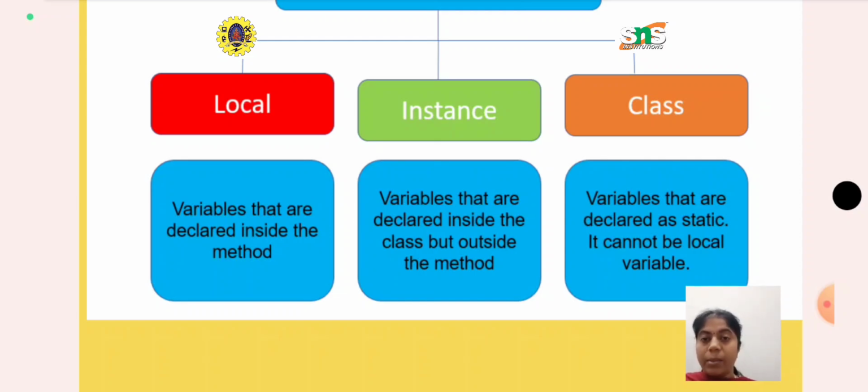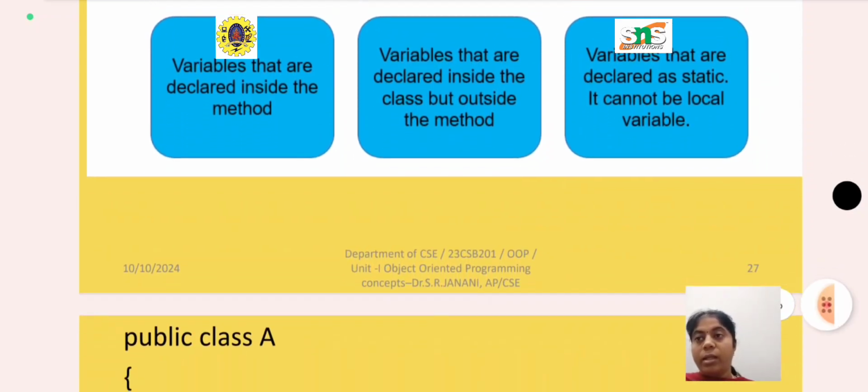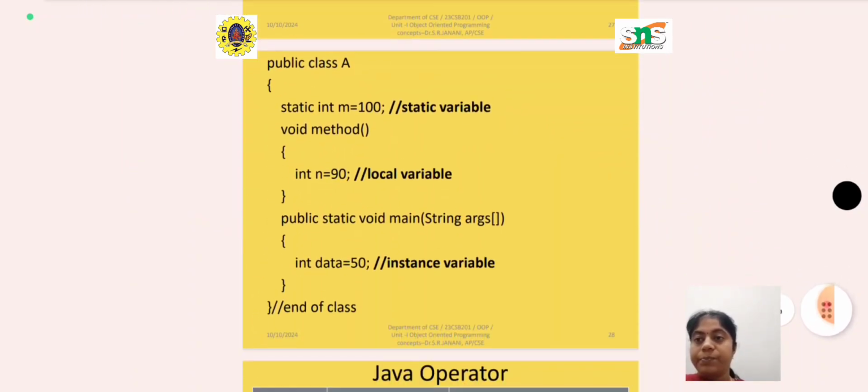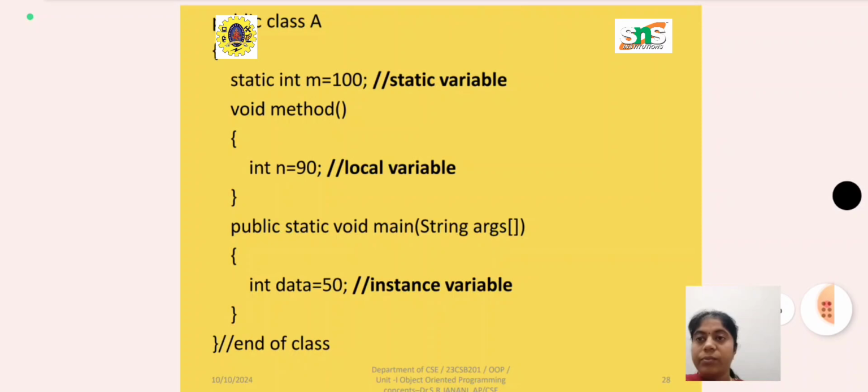We will see an example program for this. We have three types: local, static, and instance variable. A local variable is declared inside a class, inside a method, and it cannot be used outside the method.